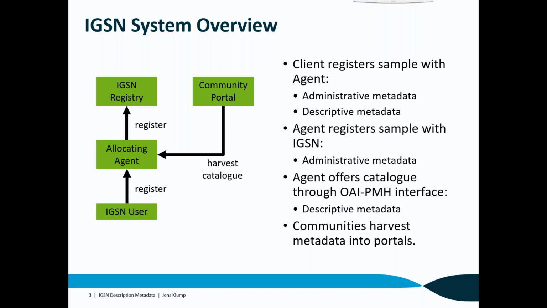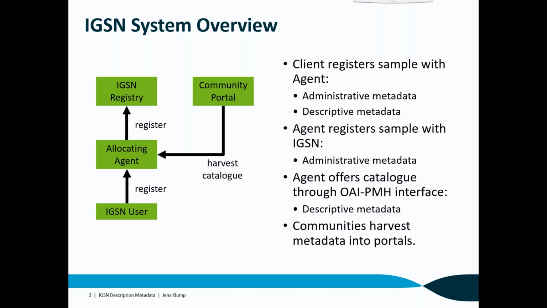And then the agent registers the sample with IGSN, and for that the agent uses only the administrative or registration metadata, which is a small packet. I will explain that in a little bit more detail just now.